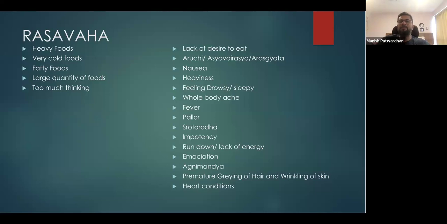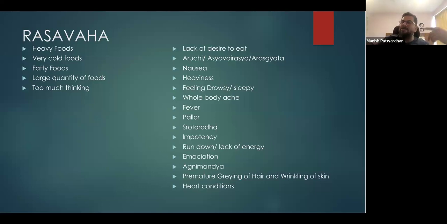Now, these people will also show symptoms like palpitations. Why is there palpitation? Because it's the heart. The rasa is not nourishing the heart. So palpitations. Sensitivity to high pitch sounds. People get very irritated with loud noises. Now, loud also is a relative term. Other people are not getting affected, but they are getting affected.